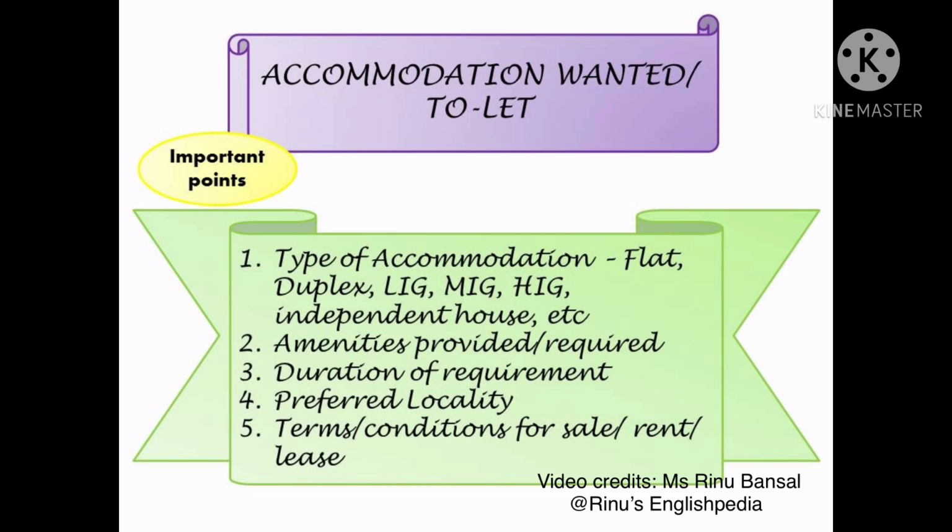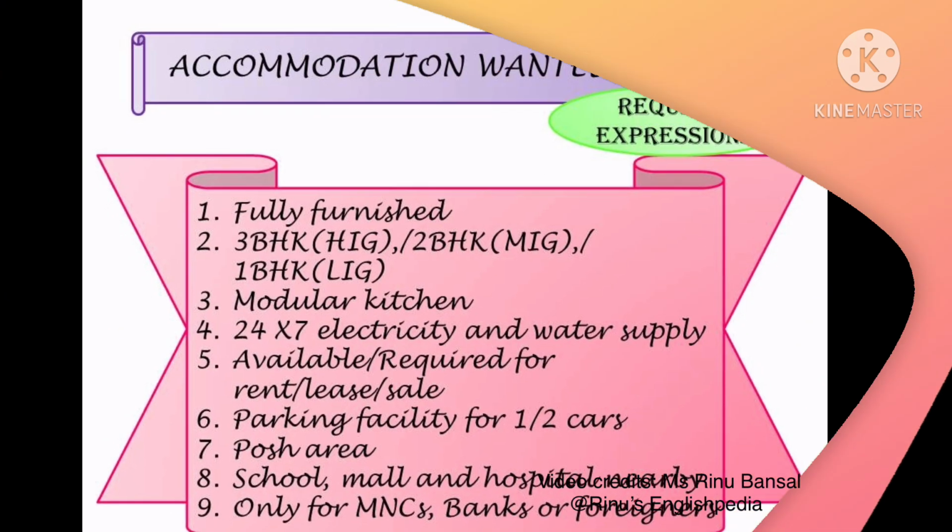You should talk about the amenities which are provided or which are required. You should also talk about the duration of requirement, the preferred locality, and any other terms or conditions for either sale, rent, or lease. A lease means a long term contract for renting purposes.